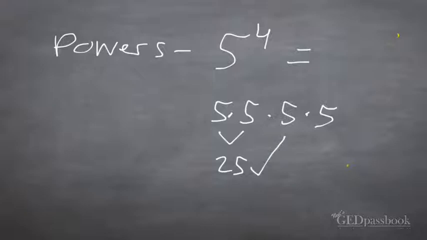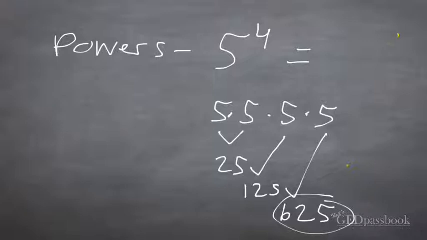This is going to be a huge one. 125. Then ask yourself, what is 125 times 5? 625. The answer is 5 to the power of 4 is 625.